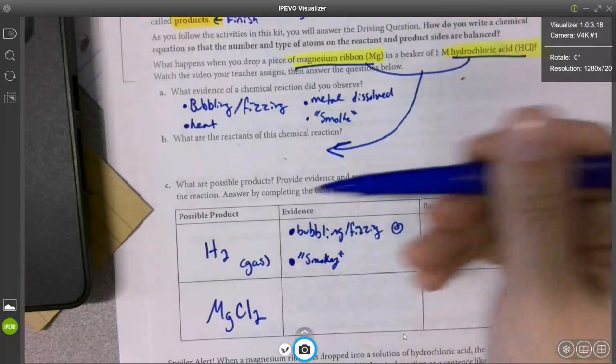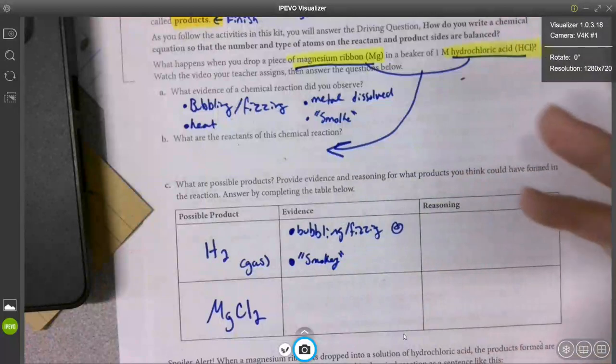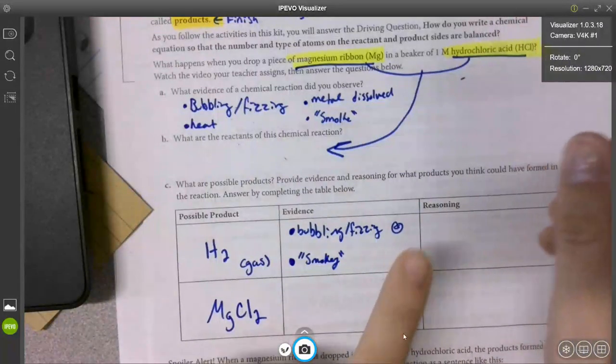So after we have our evidence collected, I would then ask you to write a reasoning.